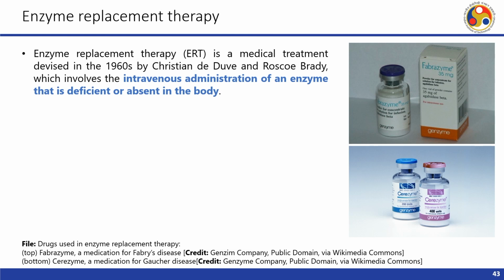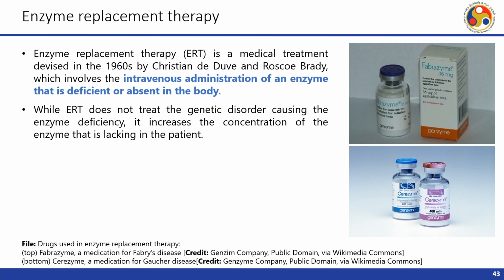So, next we go to discuss enzyme replacement therapy, ERT, which is a medical treatment devised in the 1960s by Christian de Duve and Roscoe Brady. This involves the intravenous administration of an enzyme for which the patient is deficient or which is absent in the body of the patient.